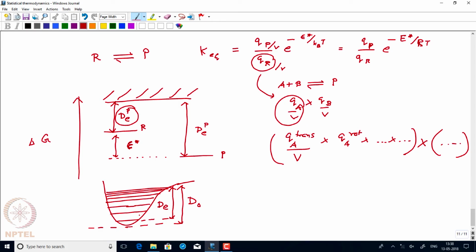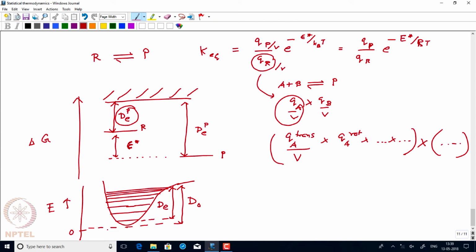So this DE actually already includes the zero point effect, because you are not starting from your zero of energy, if I call this level the zero of the total energy. So this is suppose the electronic zero of energy, and then you have the vibrational manifold on top of it. Each vibrational level will also have a rotational manifold, and each rotational manifold will have a translational manifold. That's how you describe the total energy of the system.